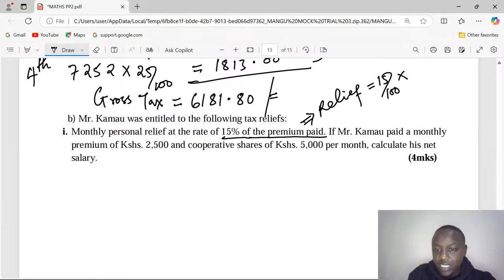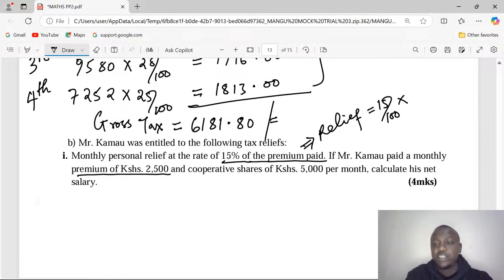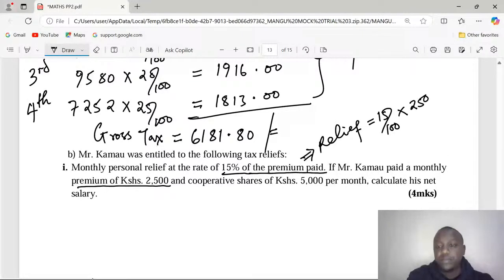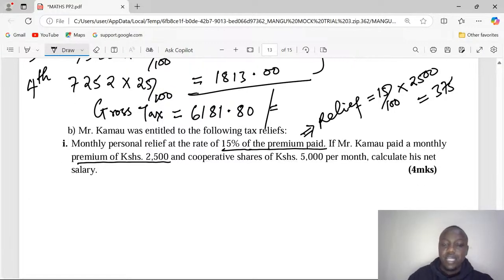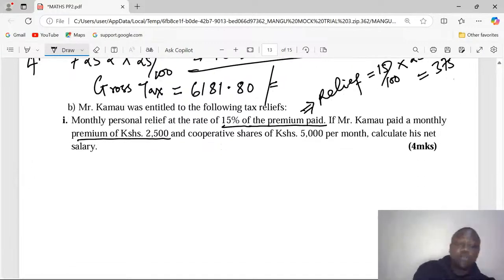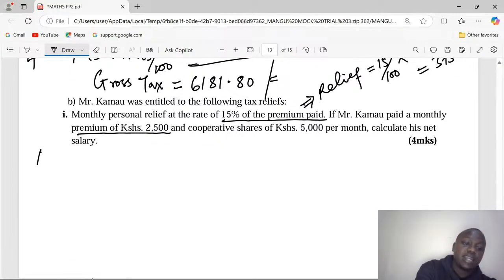Then we are told that Mr. Kamau paid monthly premiums of 2500. This is going to give us 375. Therefore, at that point now we can talk of his net tax or other payee.